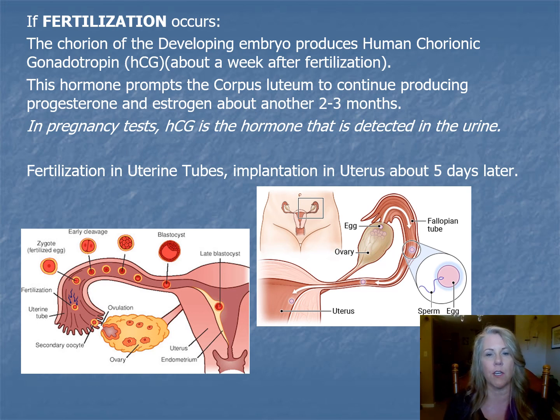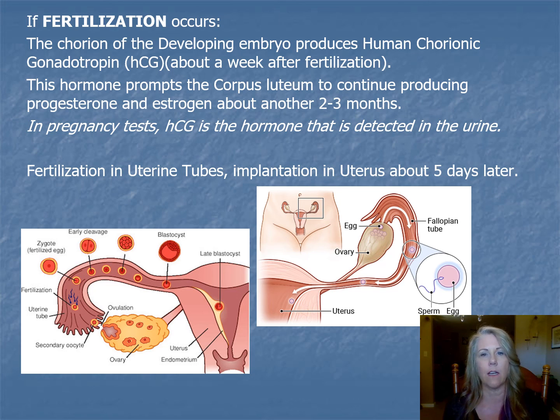Okay, so fertilization. Fertilization optimally occurs in the uterine tubes. This is new to some people. Now, once ovulation occurs, and where I want you to look is that far picture here, the egg is now swept into the uterine tubes.